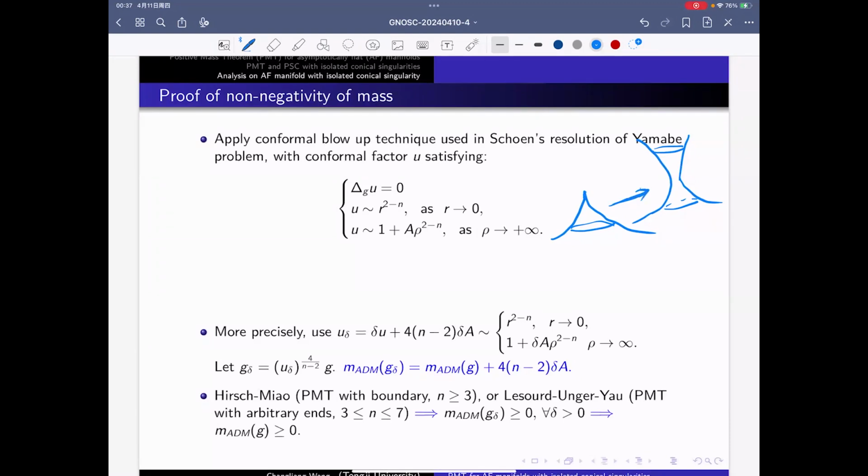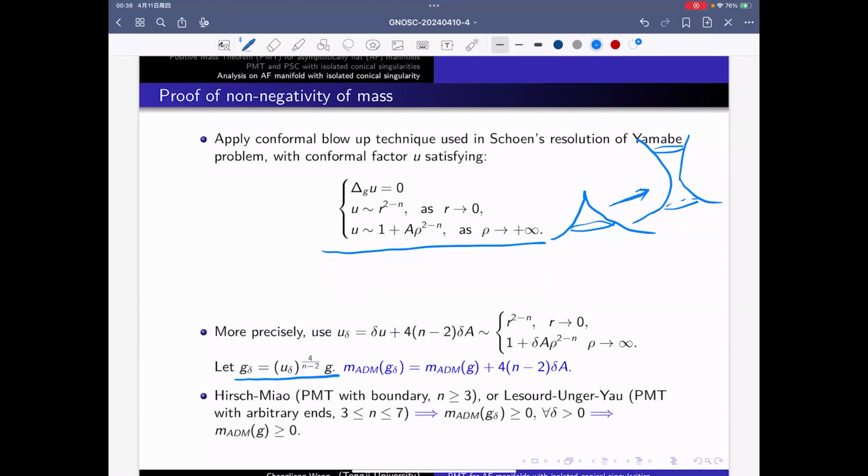For this we do a conformal change of the metric g. This conformal change flips the cone tip to a cone end, so the main thing is we need to solve a harmonic function on asymptotically flat manifolds with conic singularity.